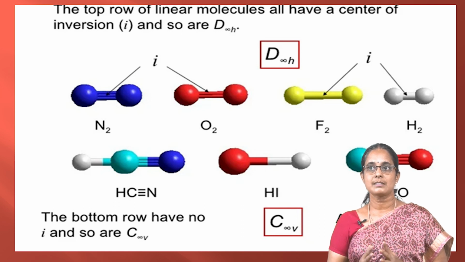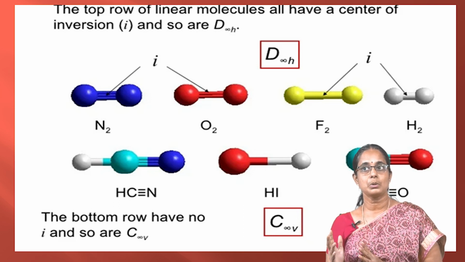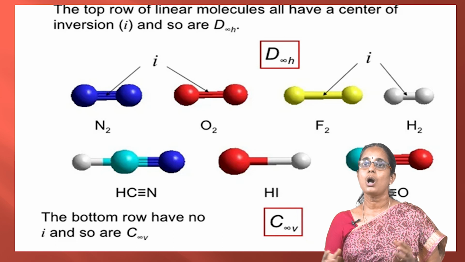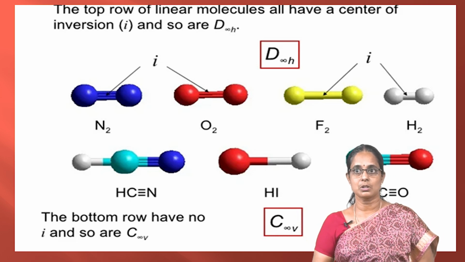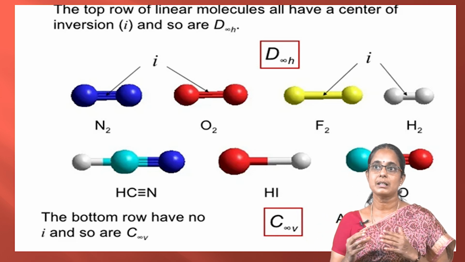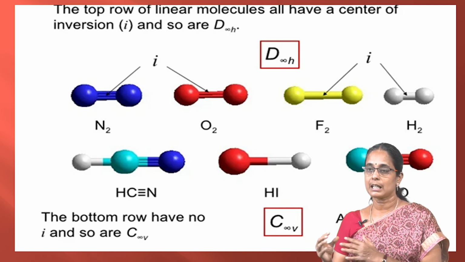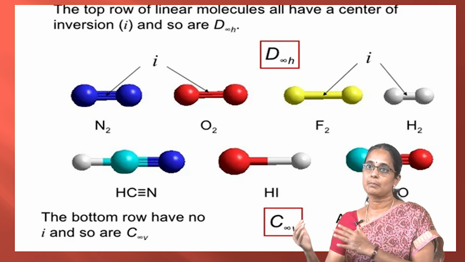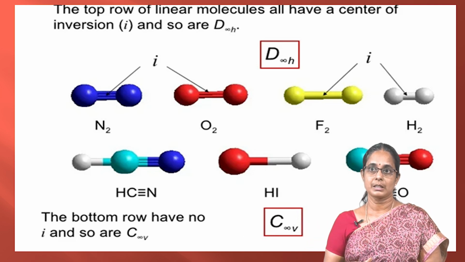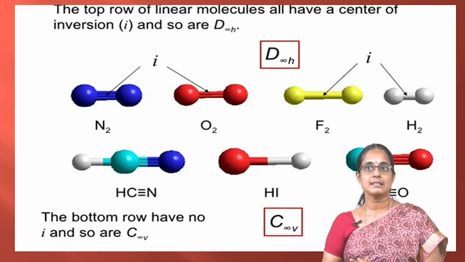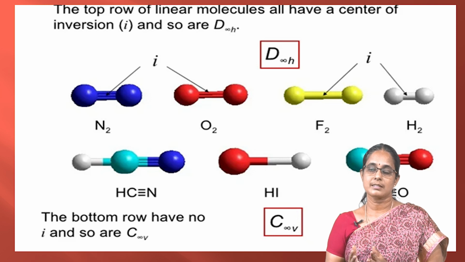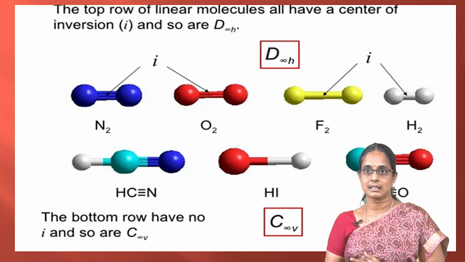The order of this group is h equal to infinity. All heteronuclear molecules and all unsymmetrically substituted linear polyatomic molecules belong to this point group. Examples are HX, carbon monoxide, nitrogen monoxide, cyanide, etc.